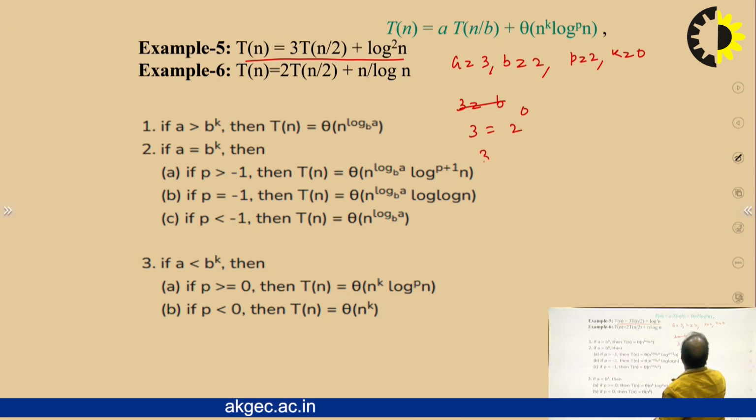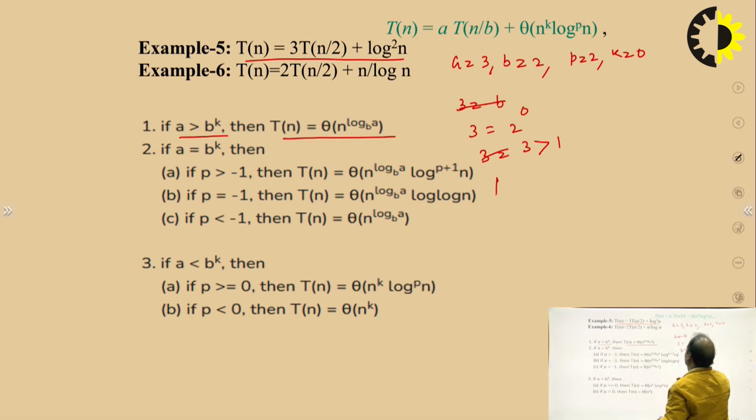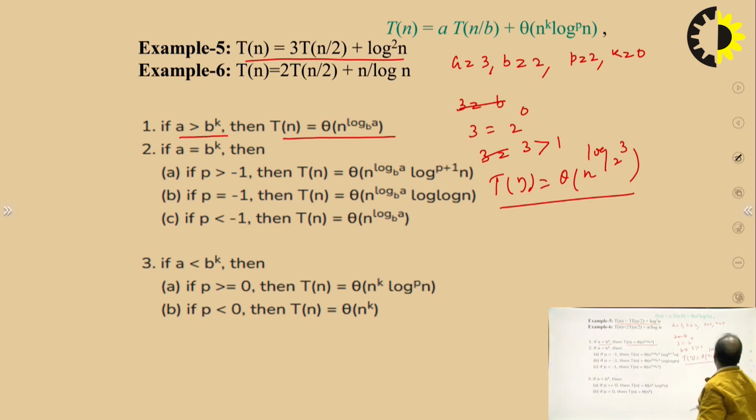So 3 is greater than 1, which means a is greater than b to the power k. Then the solution is straightforward: T(n) is theta of n to the power log a, log 3 base 2. So this is an easy solution.